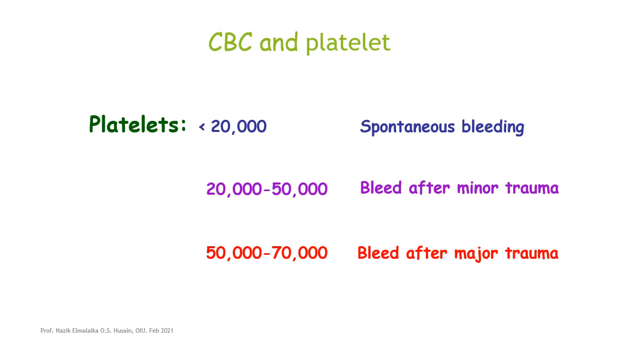If the CBC shows a platelet count less than 20,000, this means that this patient may bleed spontaneously, and there should be a serious and immediate intervention by giving platelet transfusion. 20,000 to 50,000 platelets, the patient can bleed after a minor trauma, while if more than 50,000, the bleeding can occur only after a major trauma.